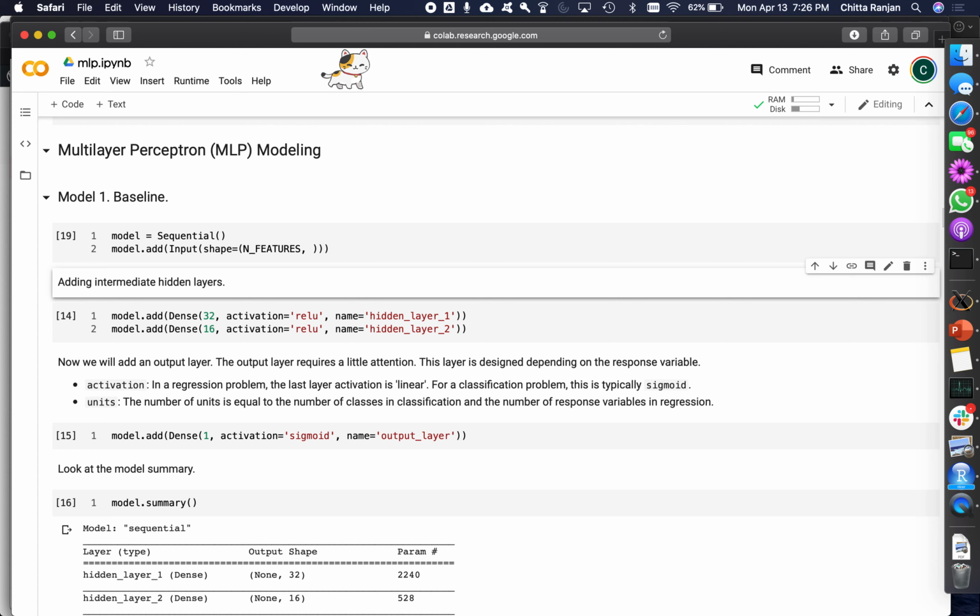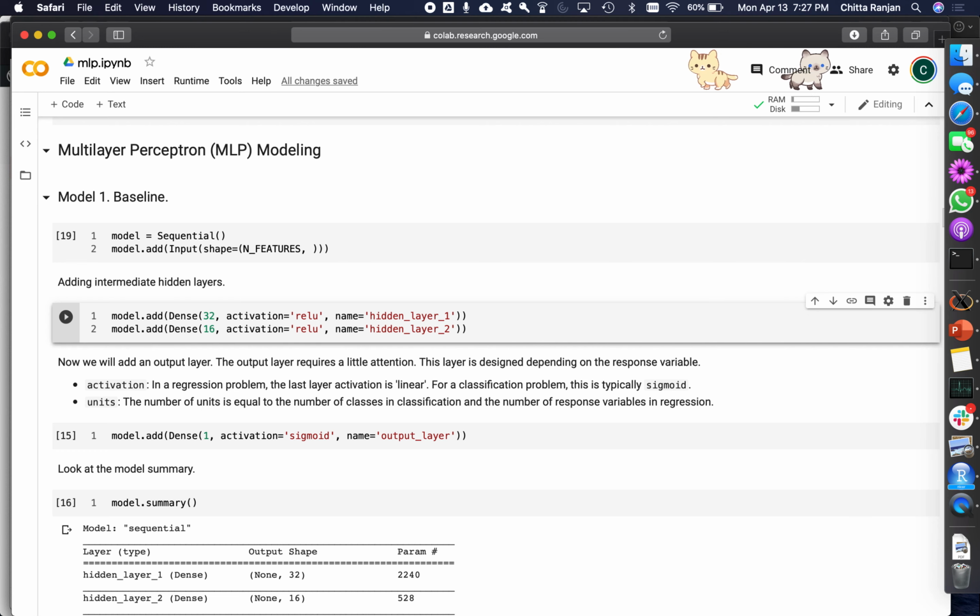Now we can start our painting and use our imagination. When you follow these rules of thumb, you will get to a reasonable starting point. So as a rule of thumb, what we do is we stack two hidden layers, as you see here, and the size of the hidden layers is chosen from the geometric series of 2.